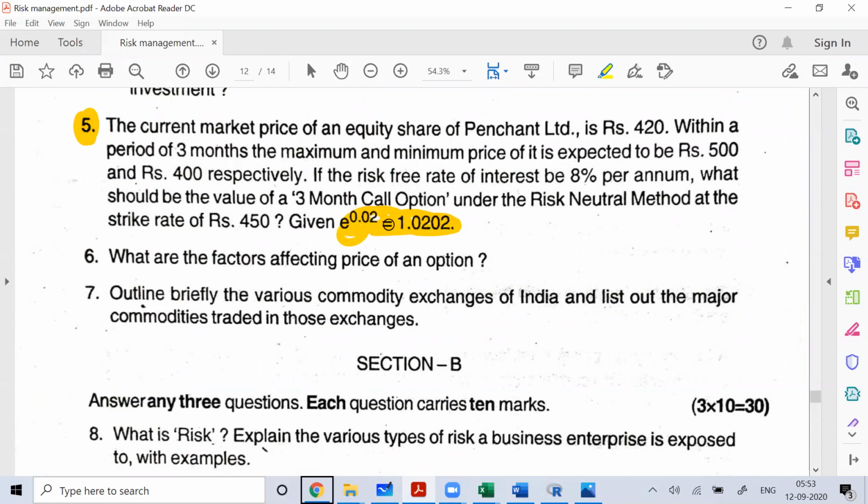So how did you get this value? That is e to the power rt. R is 8% and t is 3 months. 3 divided by 12 is 1 by 4. Then 8% is 0.08, and 0.08 divided by 4 is 0.02. So this is the e to the power rt value, that is 1.0202.